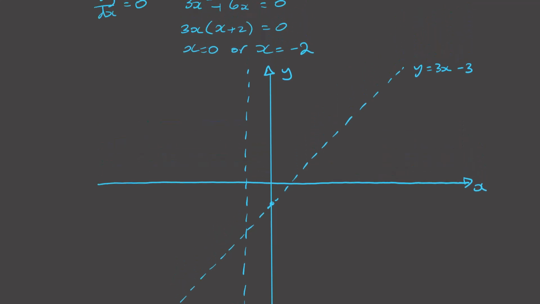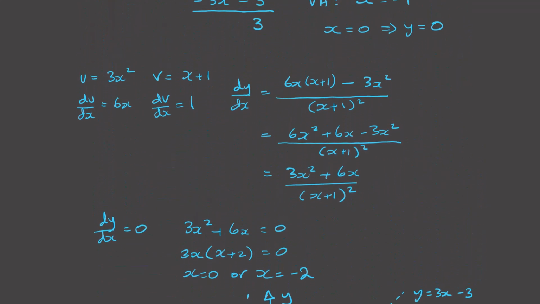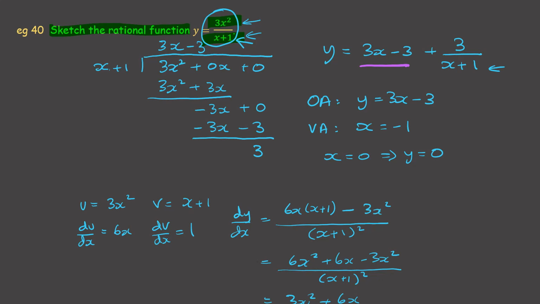Okay, now we might have some regions to think about here. Well, if we look at x squared, it doesn't change sign, it just becomes 0. So the only place that we can actually change is at negative 1.